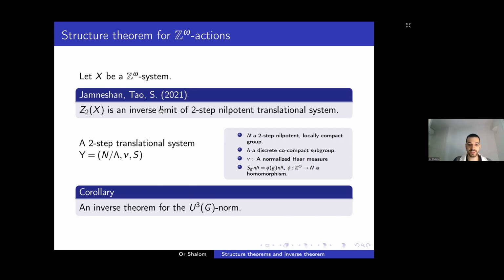So this was the first instance where we found ergodic theoretical proofs of inverse theorem results, but it only worked up to U3. If we could somehow generalize this ergodic theoretical structure to arbitrary k, then this would imply a general inverse theorem for arbitrary k, and we would complete the whole picture.